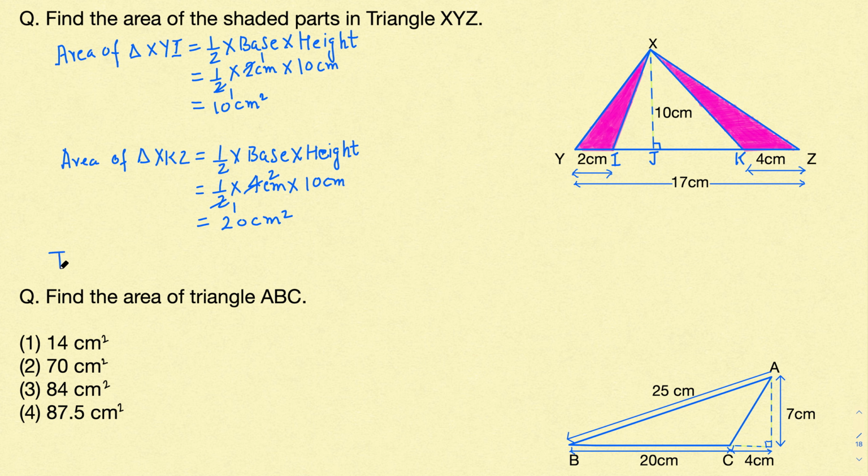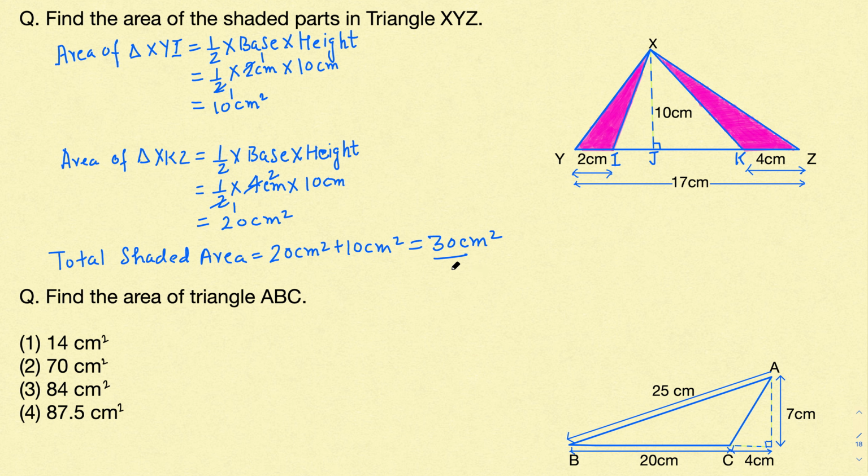So the total shaded area will be how much? It's basically the sum of the areas of these two triangles, which is 20 cm square plus 10 cm square. So that will give me 30 cm square, right? So the shaded area for XYZ is 30 cm square.